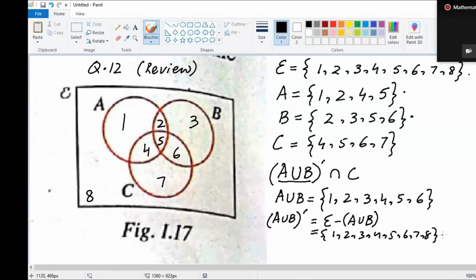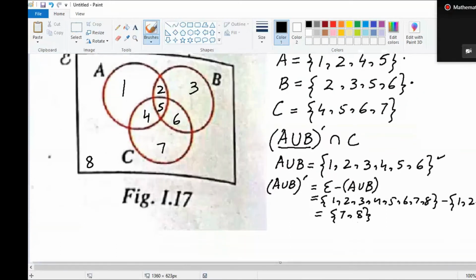And I'm going to subtract what I've got for A union B, 1, 2, 3, 4, 5, 6. So when I subtract it, I am going to get 7 and 8. So 7 and 8, I got it. And now I have found out A union B whole complement.